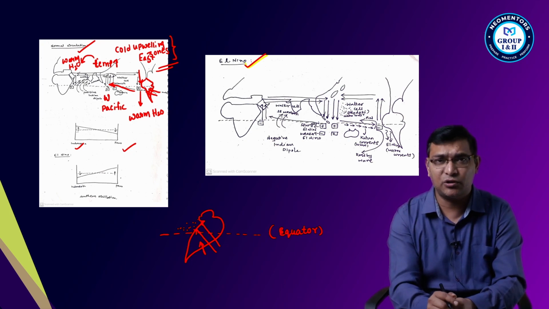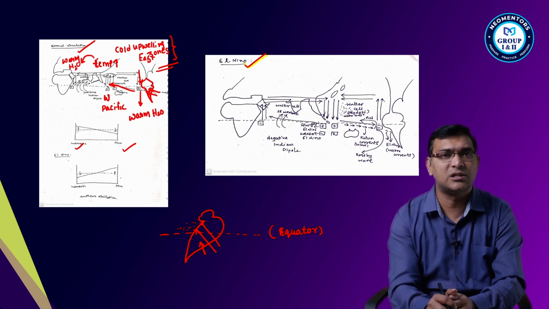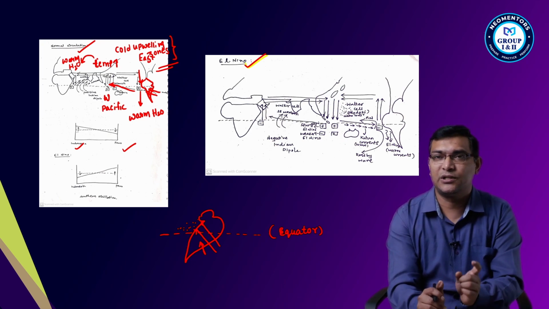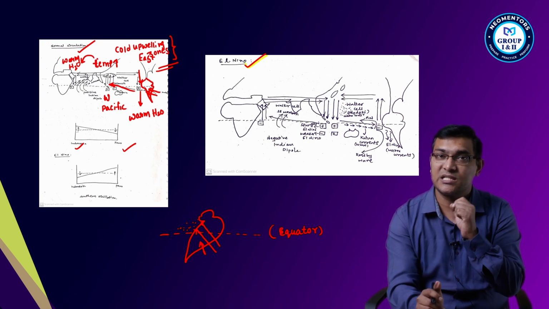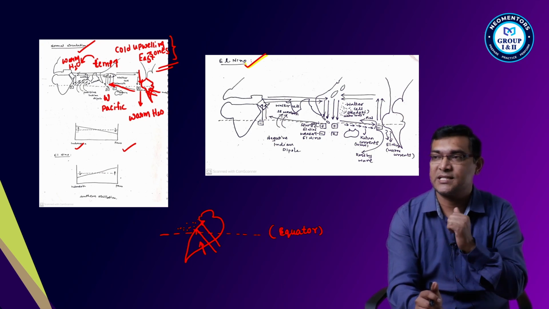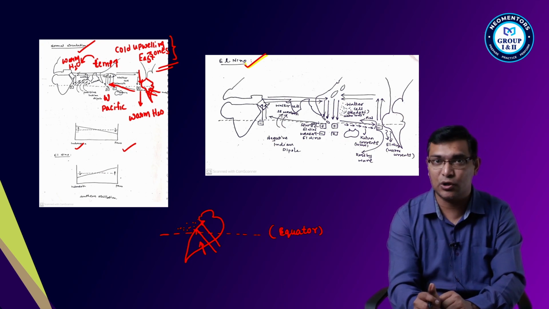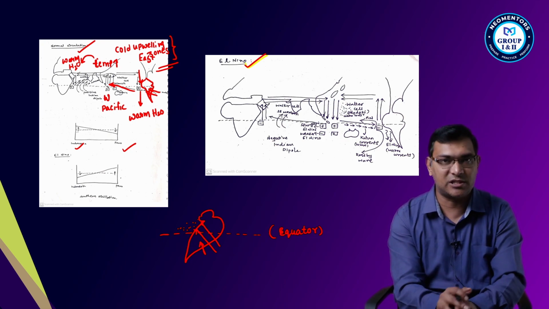Indonesia is nothing but your West Pacific coast. So at Indonesia, the warm water is transported from Peru and the sea surface temperature rises. As it rises, it will be a low pressure system.